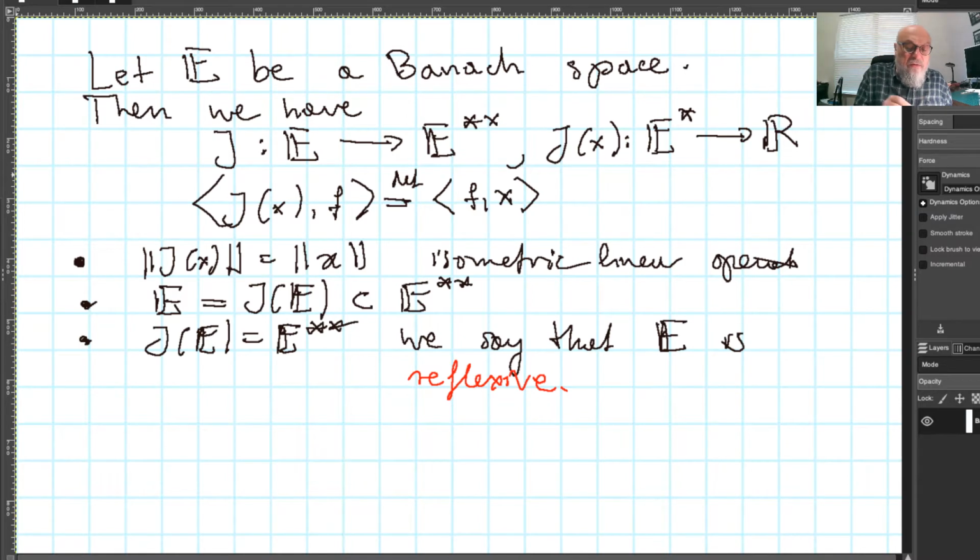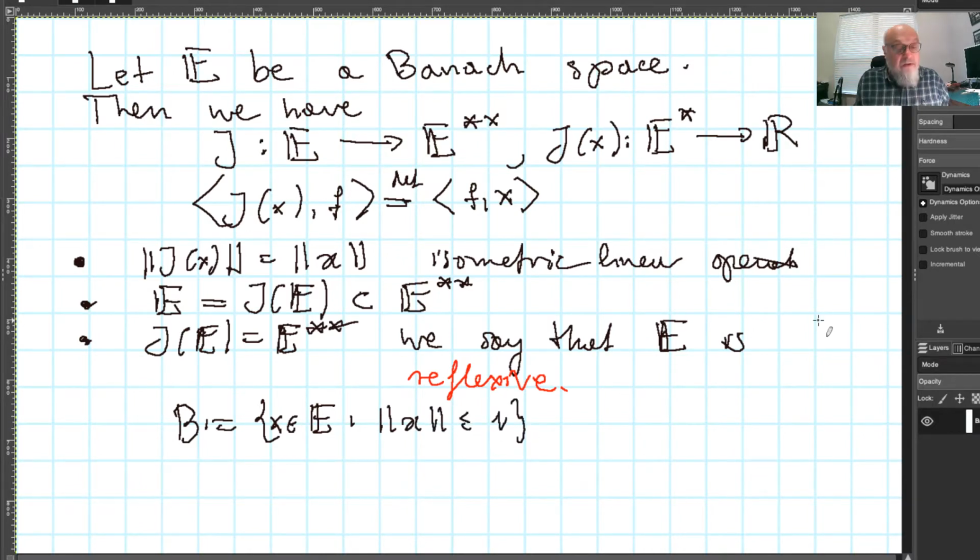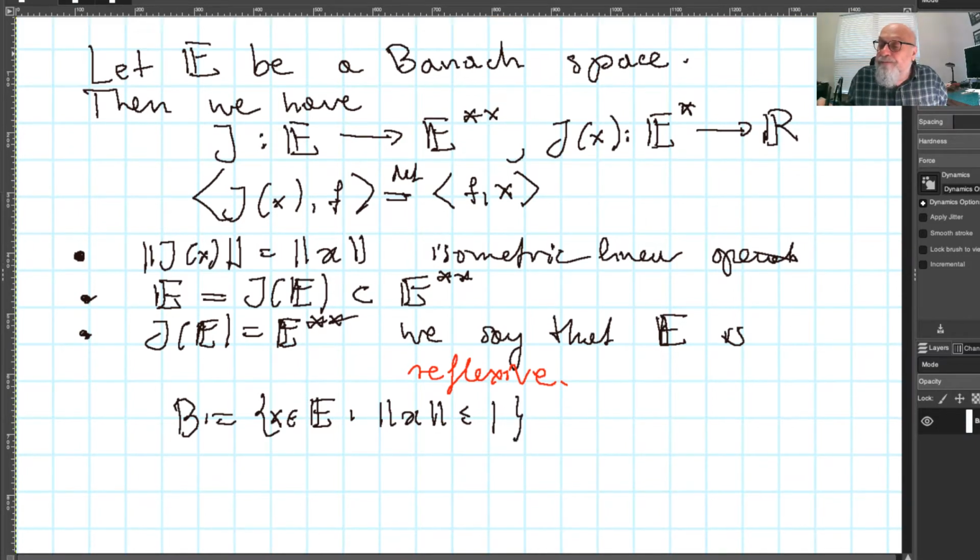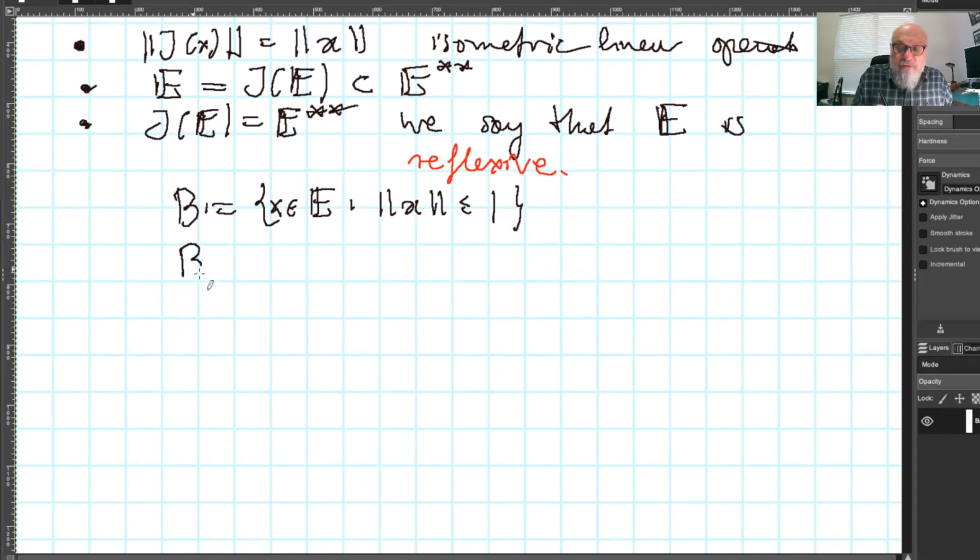We also introduce the notation B, which will denote the unit closed ball in E. So this is the set of x in E such that the norm of x is smaller or equal than 1. Then we can also introduce B star. This will be the set of f belonging to E star such that the norm of f is smaller or equal than 1.